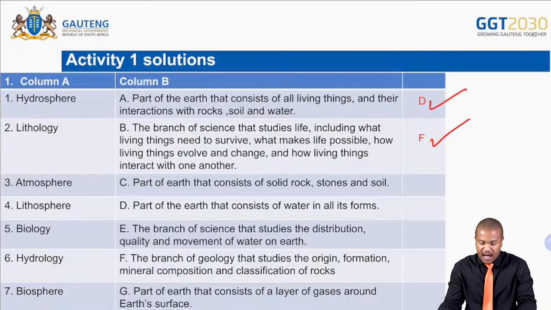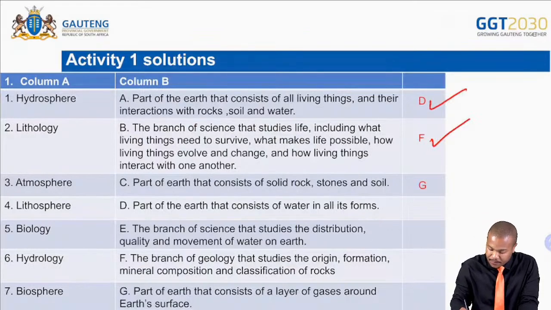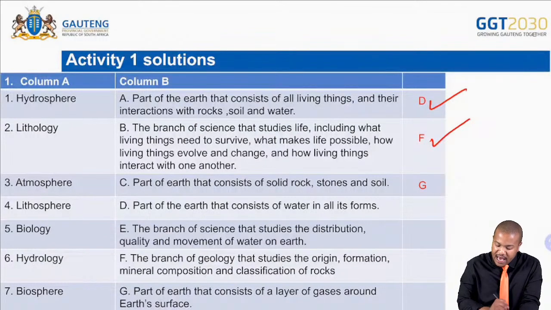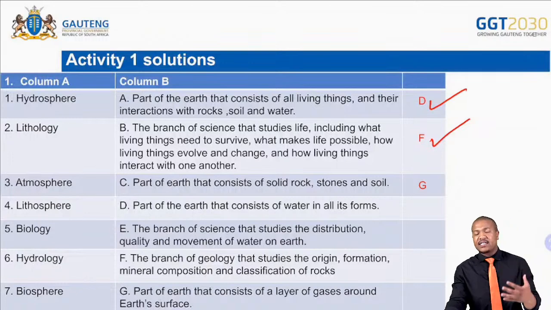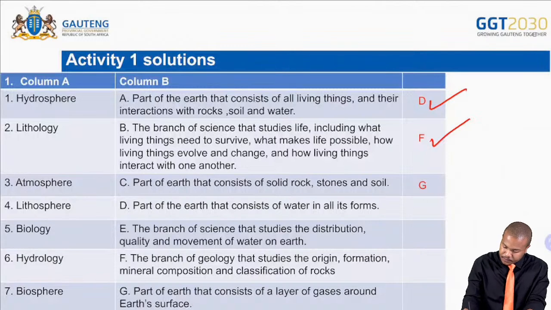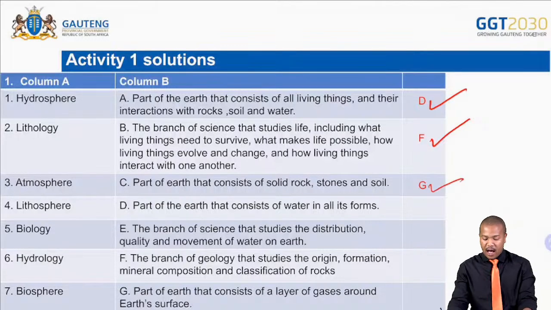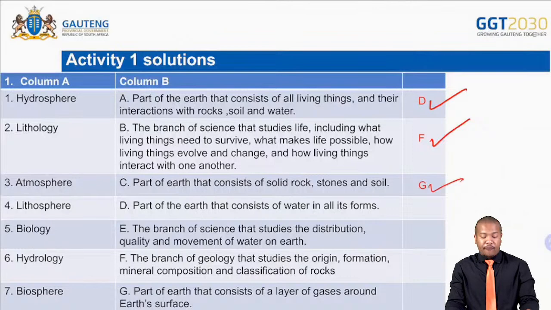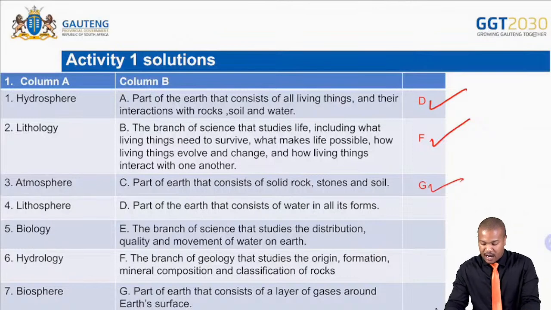The atmosphere corresponds to G, which is the part of the earth that consists of a layer of gases around the earth's surface. That is our atmosphere. Then number 4, lithosphere, that is our C, which is the part of the earth that consists of solid rock, stones, and soil.